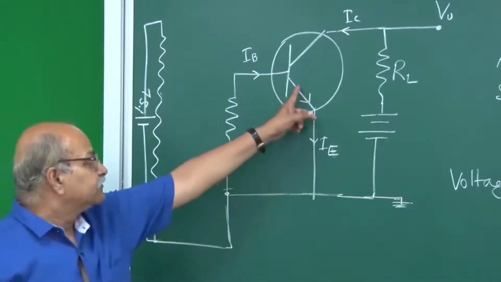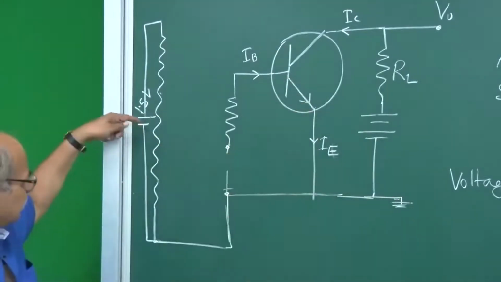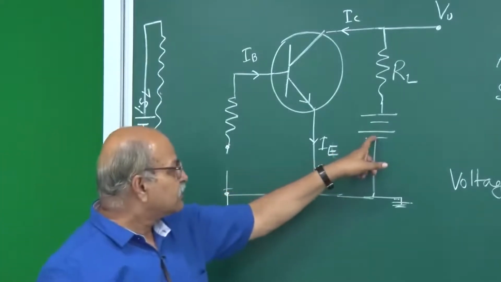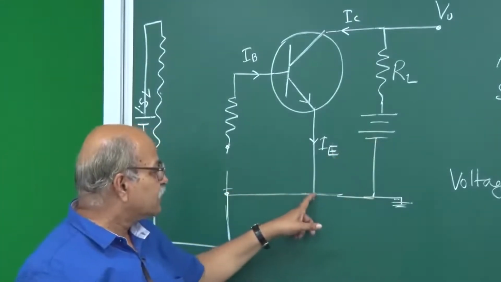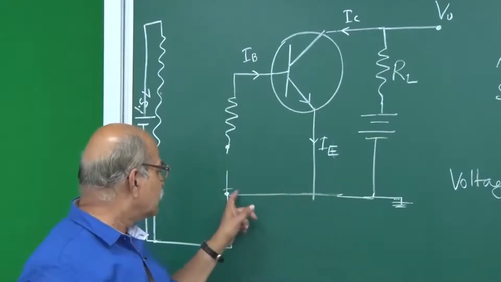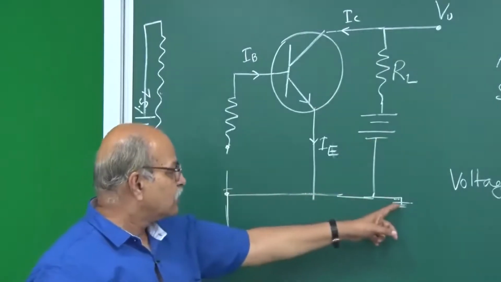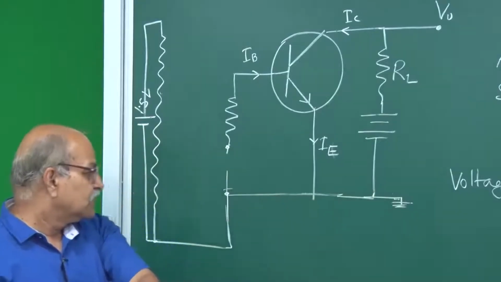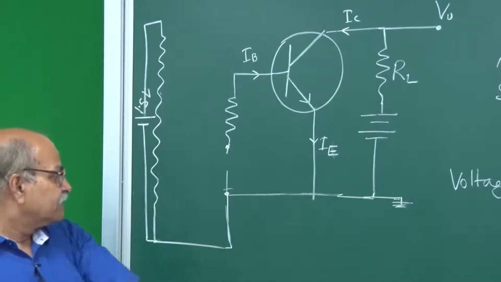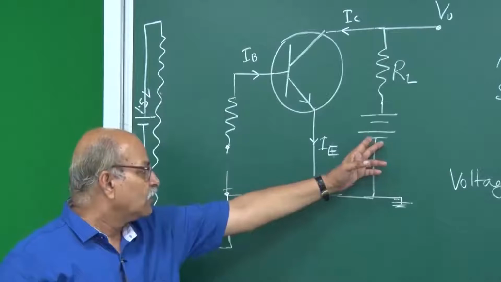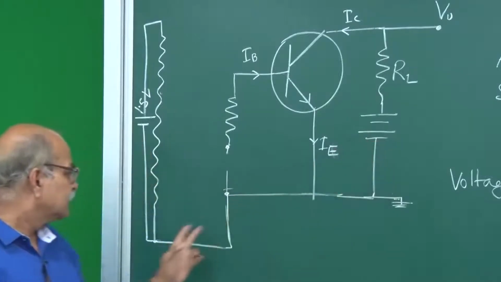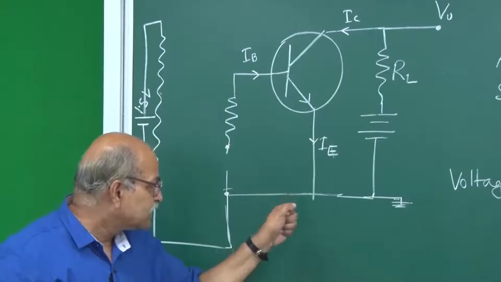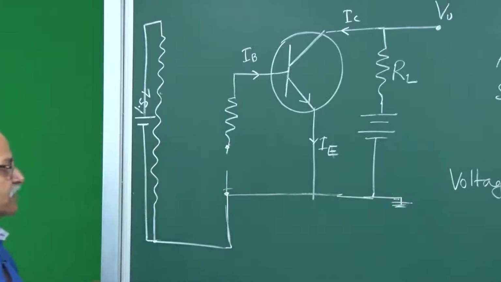You see the emitter terminal, the negative terminal of this battery here, and the negative terminal of this battery here, they are all connected together, and that is called 0 potential, which we call earthing or grounding. In the circuit also, all these negative terminals, this emitter, everything will be joined at one place, which we will call 0 potential.